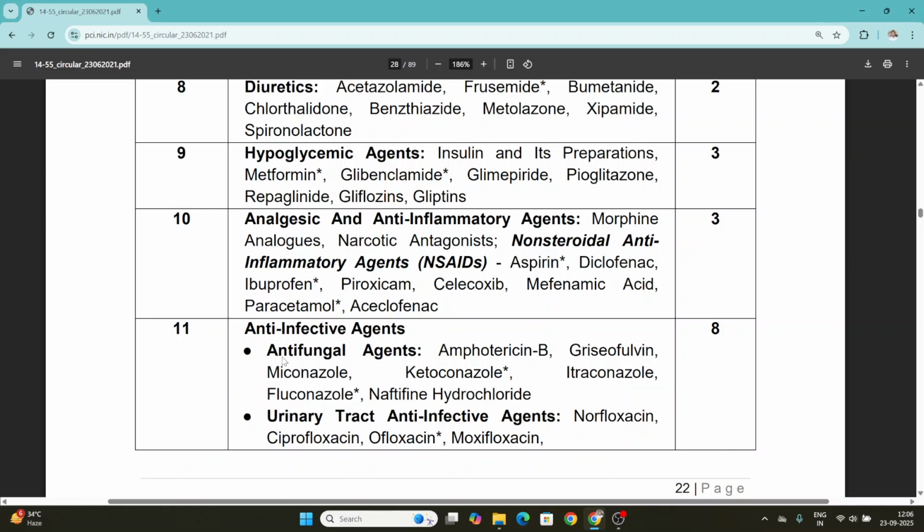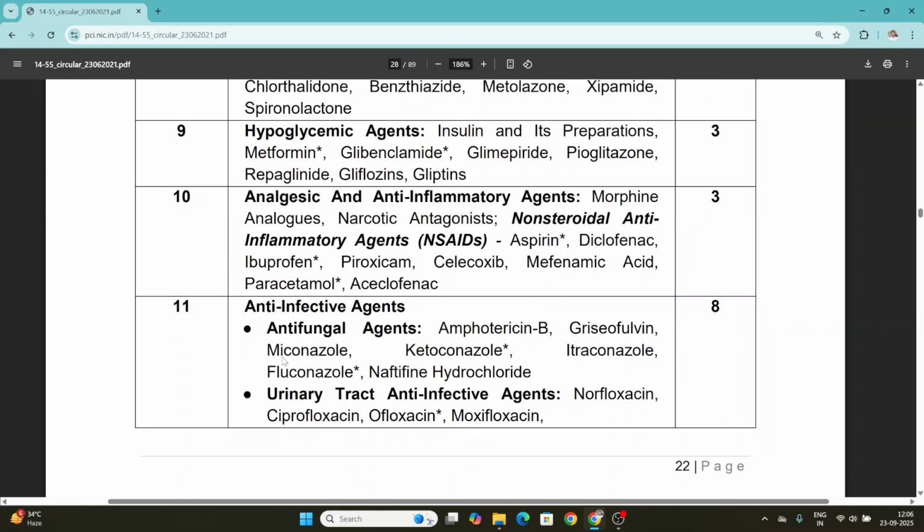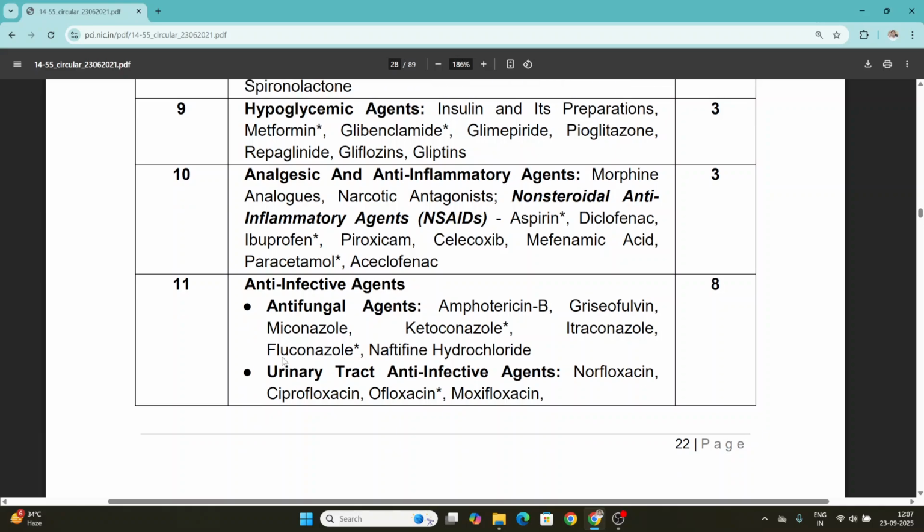Chapter 10, analgesic and anti-inflammatory agents: morphine, analogs, narcotic antagonists, non-steroidal anti-inflammatory agents, that is NSAIDs: aspirin, diclofenac, ibuprofen, piroxicam, celecoxib, mefenamic acid, paracetamol, aceclofenac.